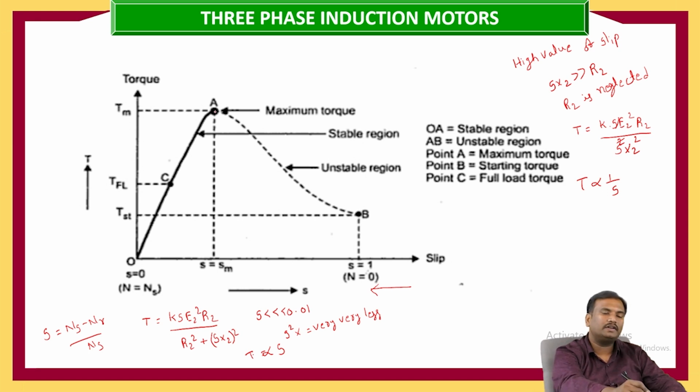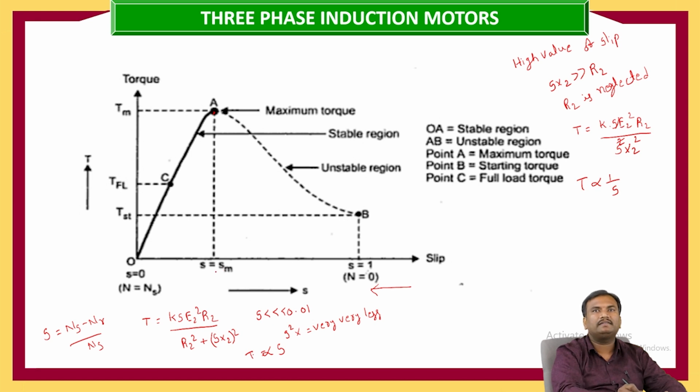So after this particular point, when slip increases, torque is going to decrease. This is called the unstable region. And this is the point where we are going to get the maximum torque, and whatever the slip is at this point is taken as the slip at maximum torque.